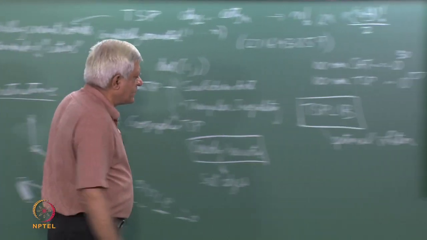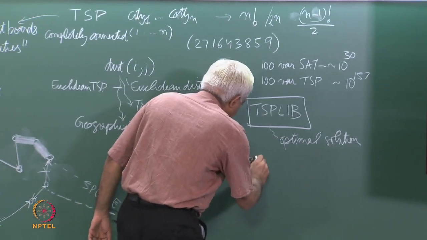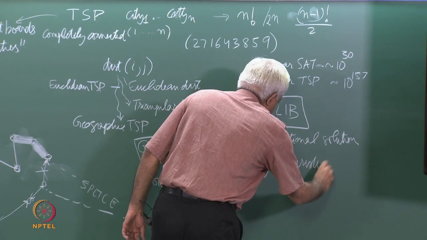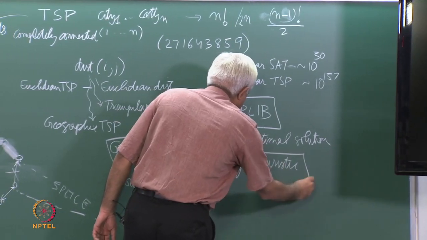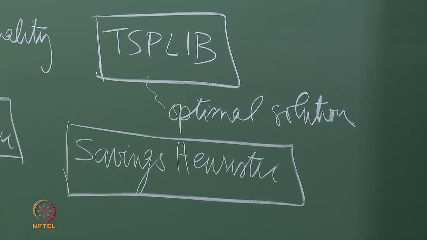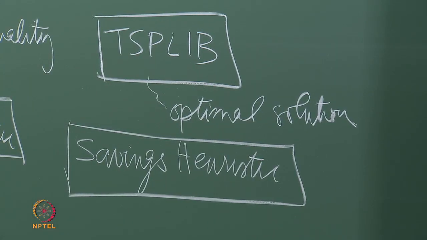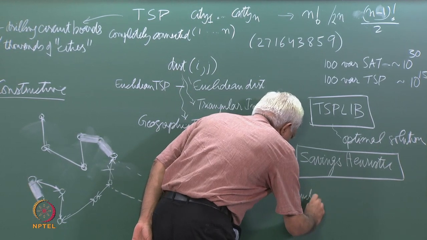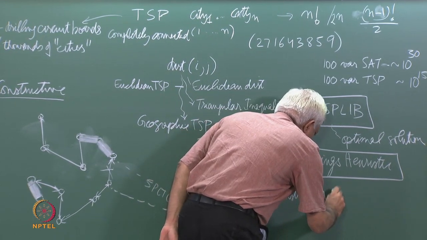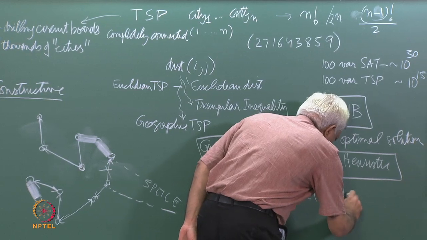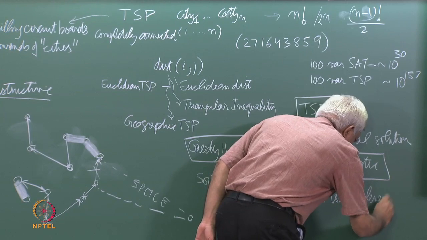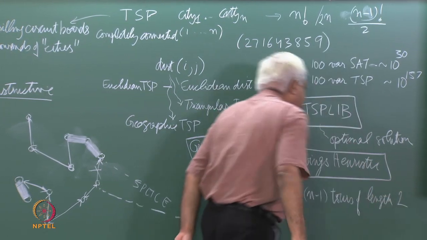Then there is another heuristic called the savings heuristic, and all these are available in many books. The savings heuristic says that first construct n minus 1 tours of length 2.